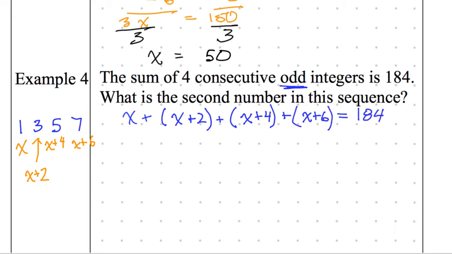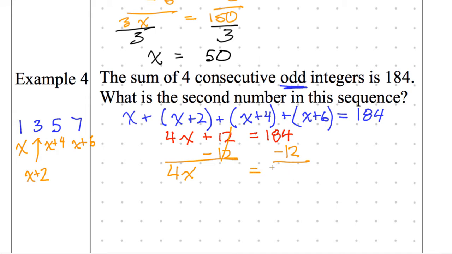And then you get 4x plus 12 equals 184. Okay. And then you minus 12 on both sides. 4x equals 172. 172.